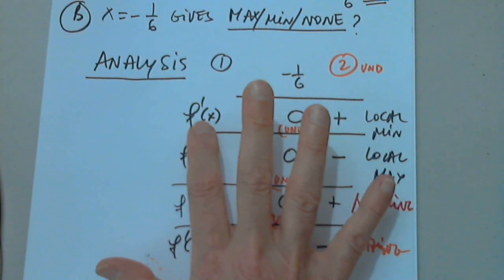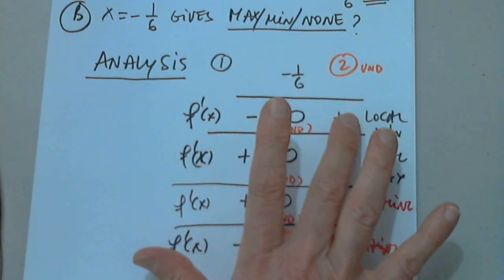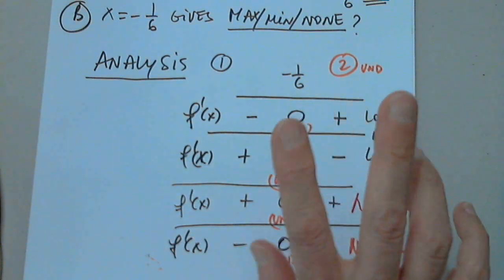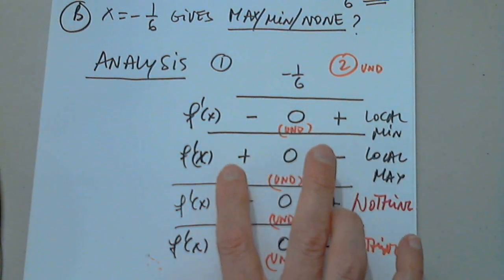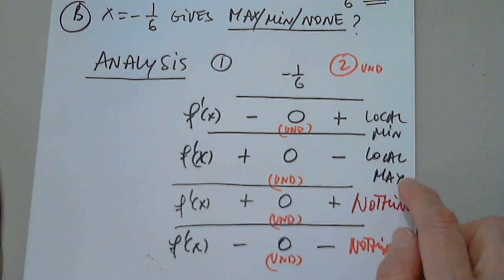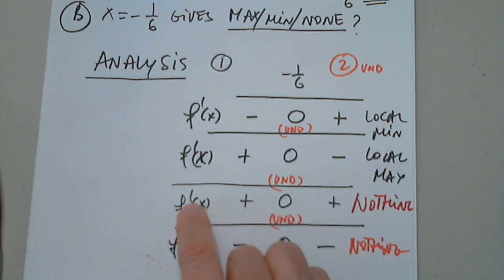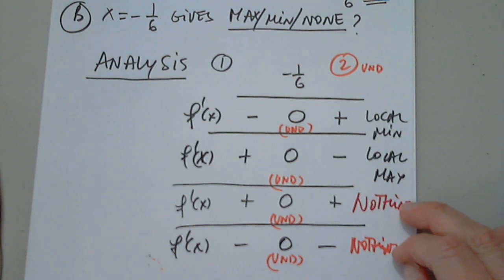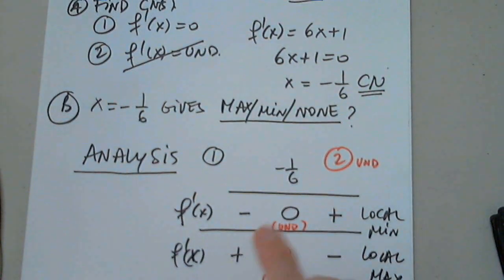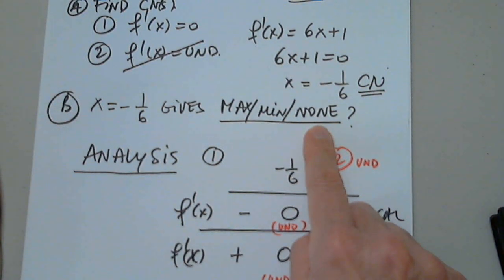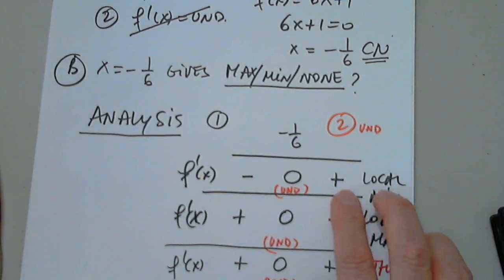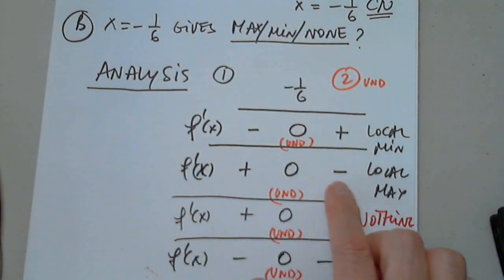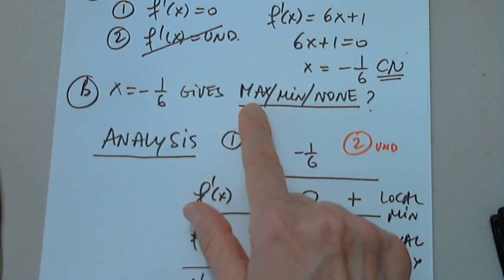Either the first derivative changes sign from negative to positive to get local minimum, or changes sign from positive to negative to get a local max, or if it does not change sign, it doesn't mean anything. So it's none. If it changes sign from negative to positive, it's a minimum. If it changes sign from positive to negative, it's a maximum.